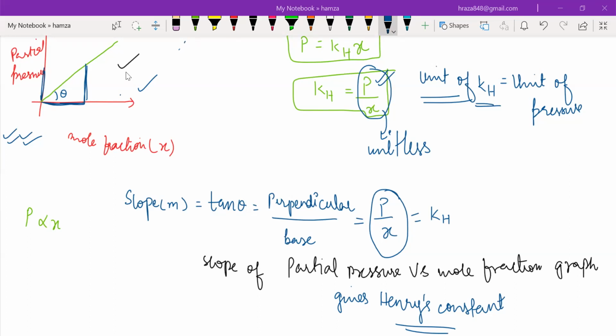I'm going to give a question on this Henry's constant. Then we will move to the next part.